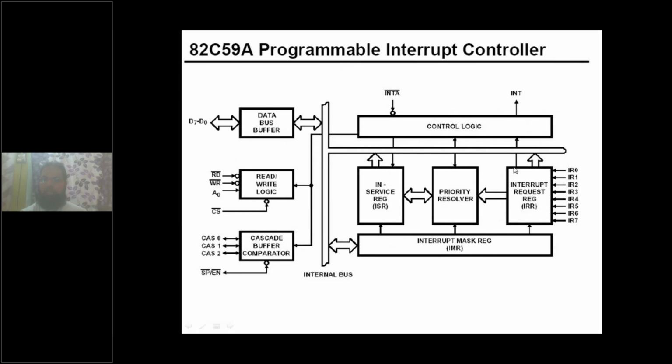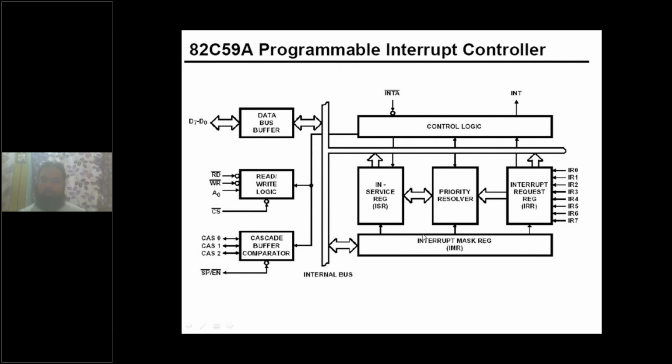Whenever the interrupt signals reach here, the 8259 checks which interrupt signal needs to be masked and which needs to be unmasked. That is decided by the interrupt mask register. Let us suppose all 8 input lines are available with interrupt request inputs. Among these requests, which are to be masked is decided by the IMR.